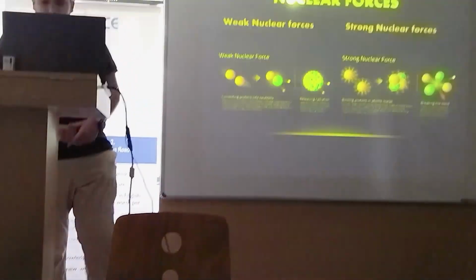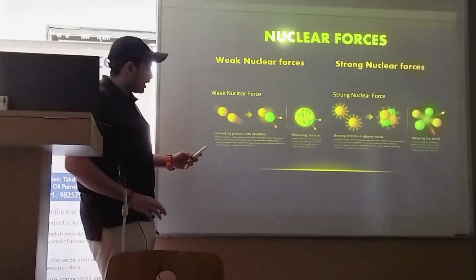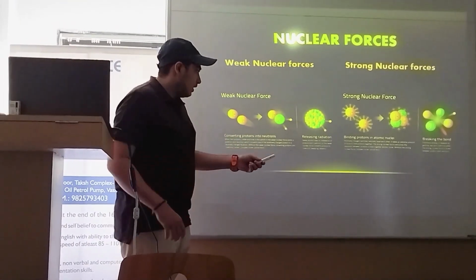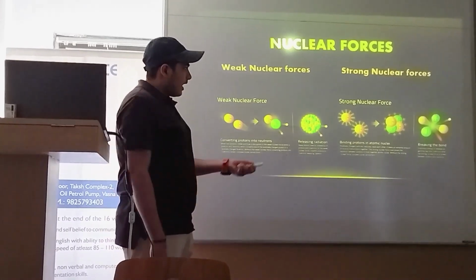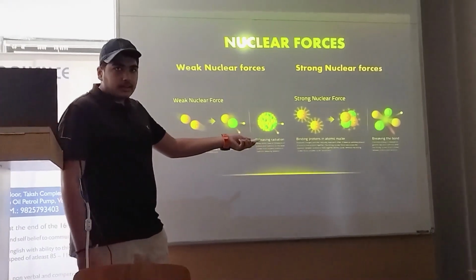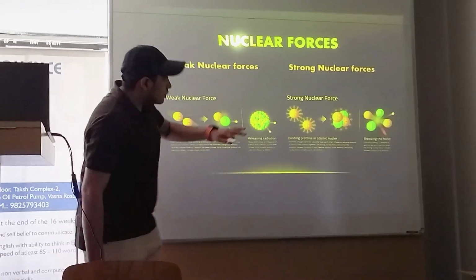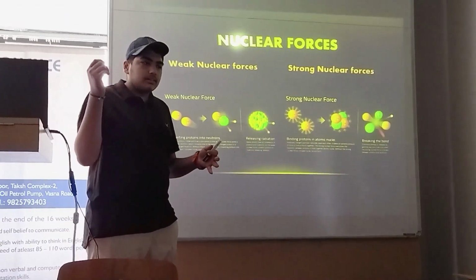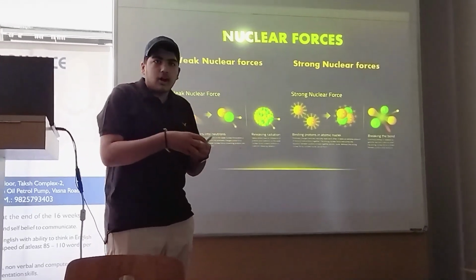First of all, the weak nuclear force is used for converting protons into neutrons and releasing radiation, or also in electron decays. And the strong nuclear force is used for binding protons and in nuclear and atomic decay, and breaking the bond.